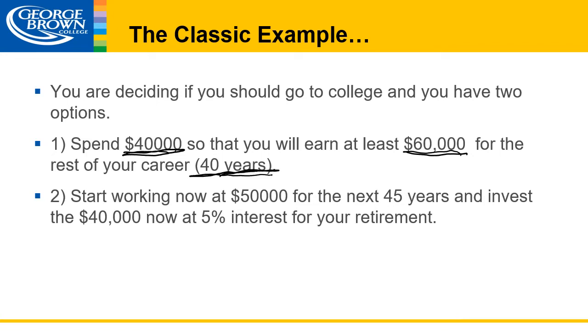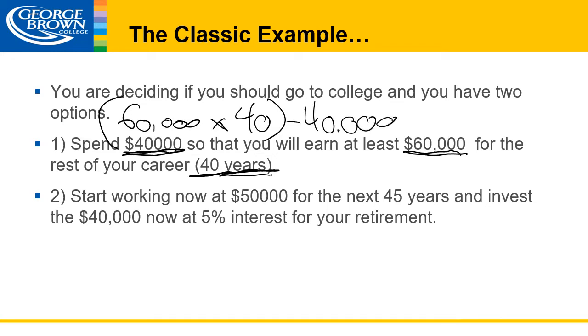So the benefit here is the 60 grand per year multiplied by 40 years, and then we subtract the initial 40 grand that you're going to pay in tuition.